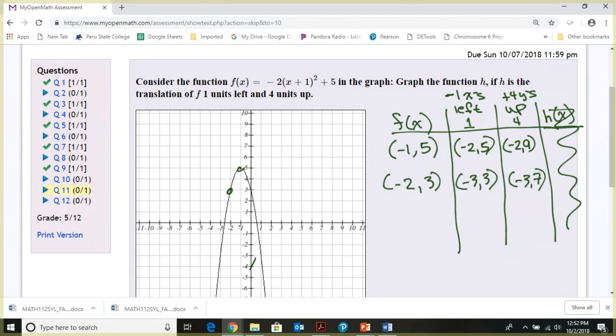So that would be the new point, -3, 7. And now let's take that symmetric one, the 0, 3, and let's move it left 1 and then up 4. Oops, I can't add, can I? Up 4.